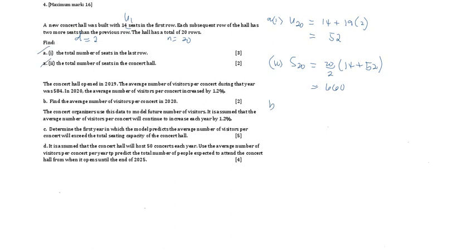Letter B. The concert hall opened in 2019. The average number of visitors per concert during that year was 584. So our u sub 1 is in 2019, where there are 584 visitors. So our u sub 2 shall be in 2020, and we'll have this number of visitors.